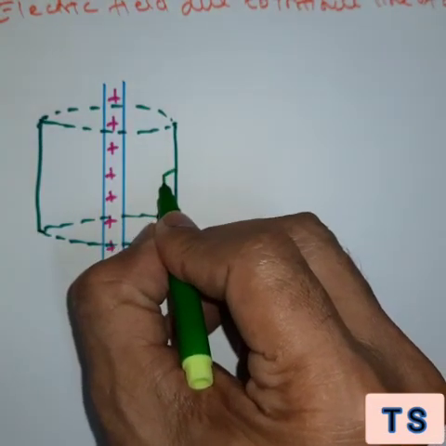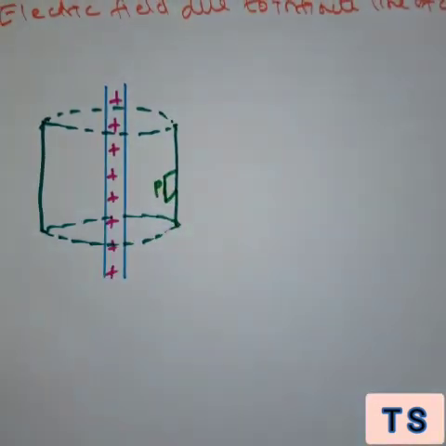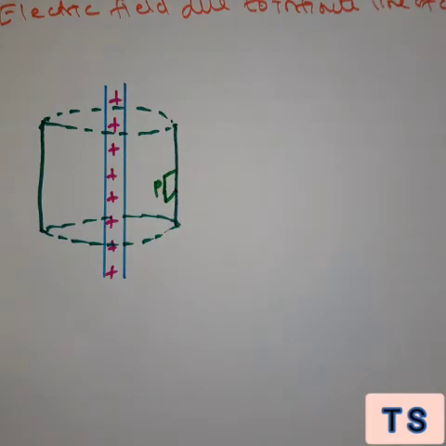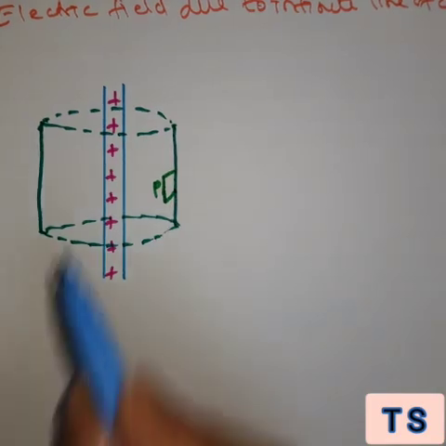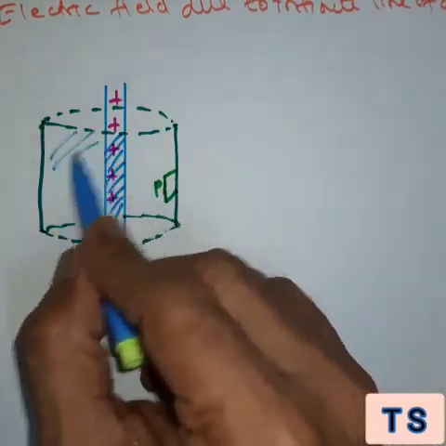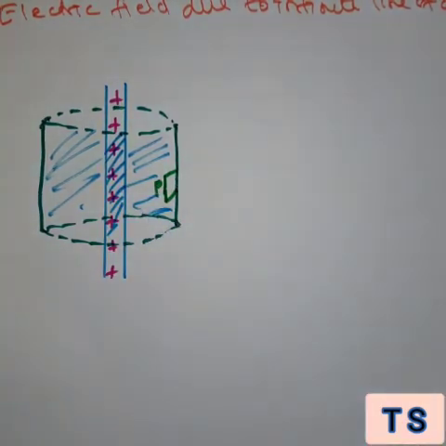Let's say that I take a small area out of it, and this is point P where I have to find the field. These charges are inside, so I have to draw a cylinder in such a way that it should be inside. That means this part should be filled. So it's like this. Now I have to find the electric flux which is given out by this particular surface.